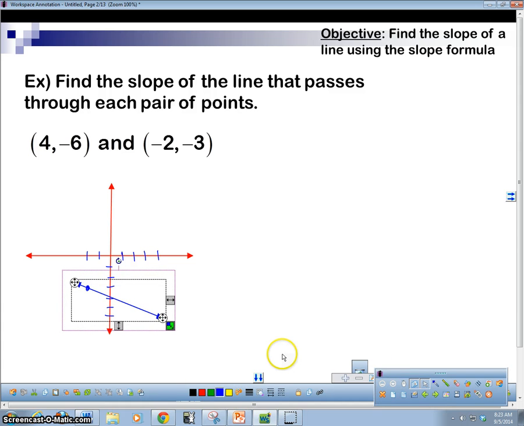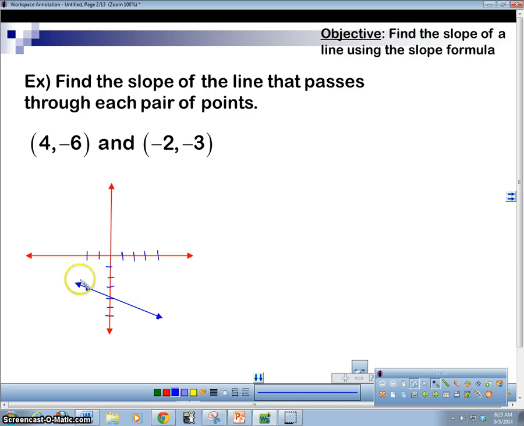Okay, from this point, I'm going to draw straight across and down to the next point, or I can go down. Normally I like to go down. So down and then over.